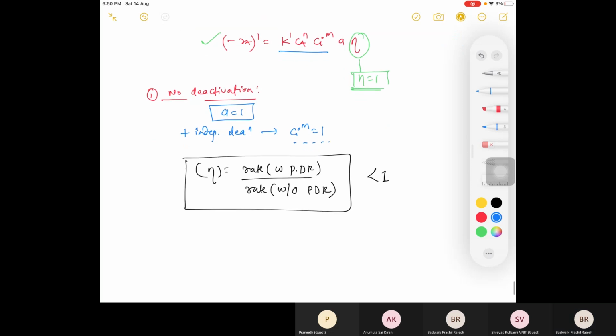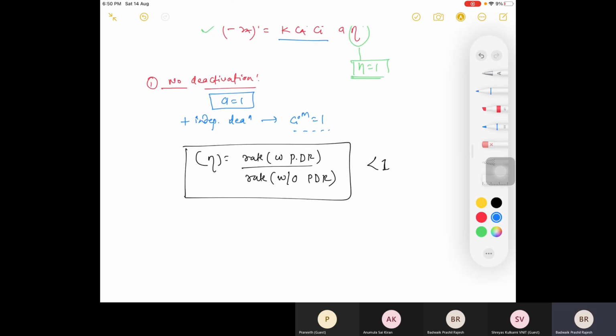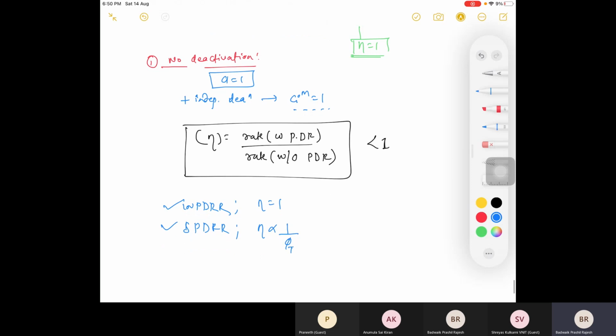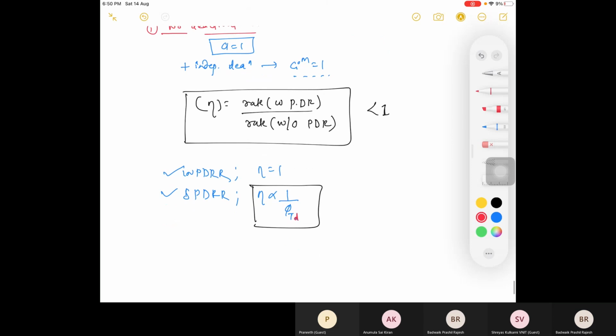And we found two conditions there. One was the weak pore diffusion resistance regime and second was the strong pore diffusion resistance regime. In the weak regime, efficiency eta is equal to 1. In the strong regime, eta is inversely proportional to the Thiele modulus. And I am writing the Thiele modulus as phi_TD, just to represent that there is deactivation and the phenomenon is involved.